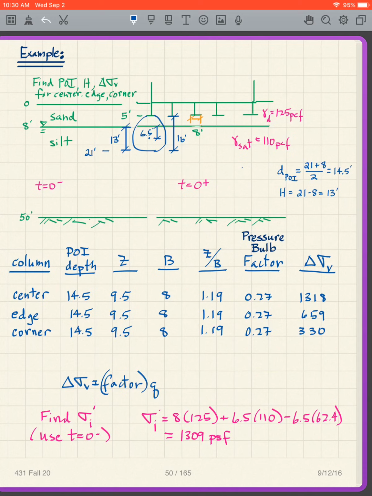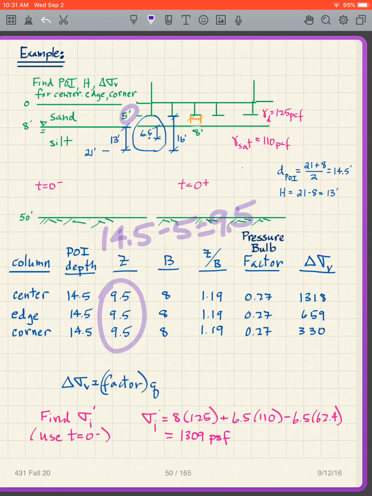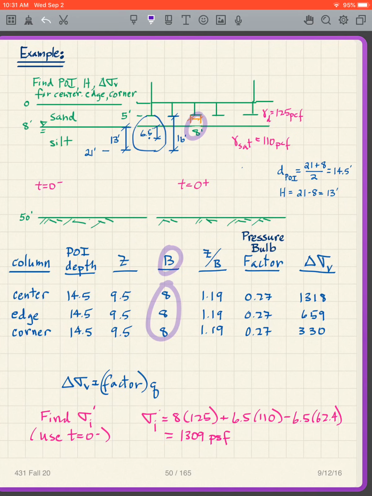Like I say, the point of interest depth is 14.5. Then what is our Z? Well, we get our Z from the 14.5 minus 5. Where's that 5 come from? So that's going to be 9.5. That's how we got the 9.5 for the Z. And we know the width we've given is 8 feet, so B is 8.